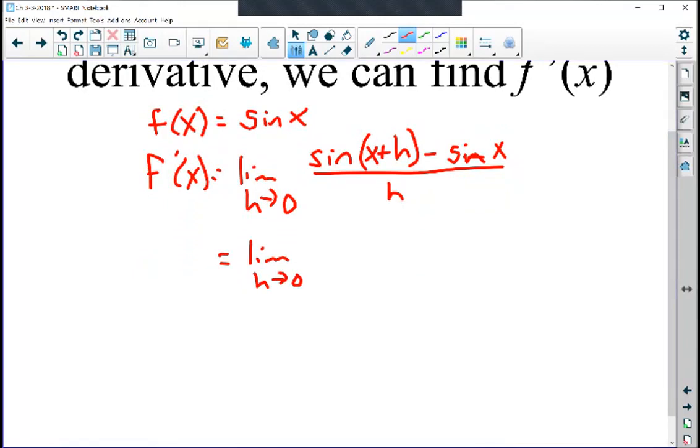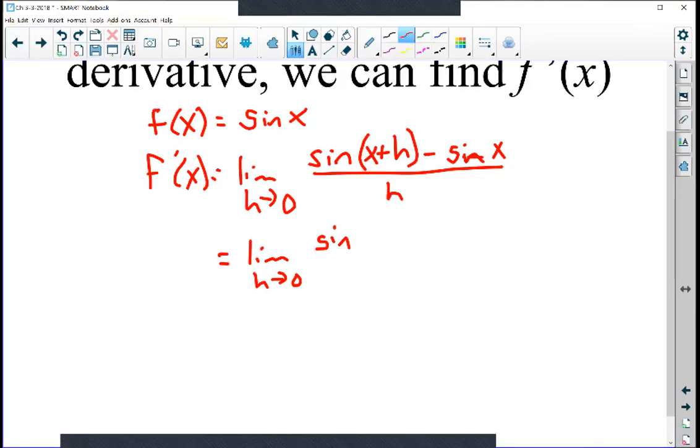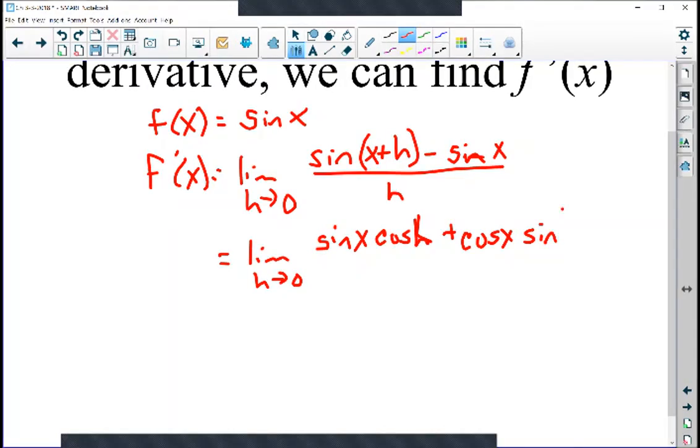If we have the sine of the sum of two angles, we get sine of the first, cosine of the second, plus cosine of the first, sine of the second.